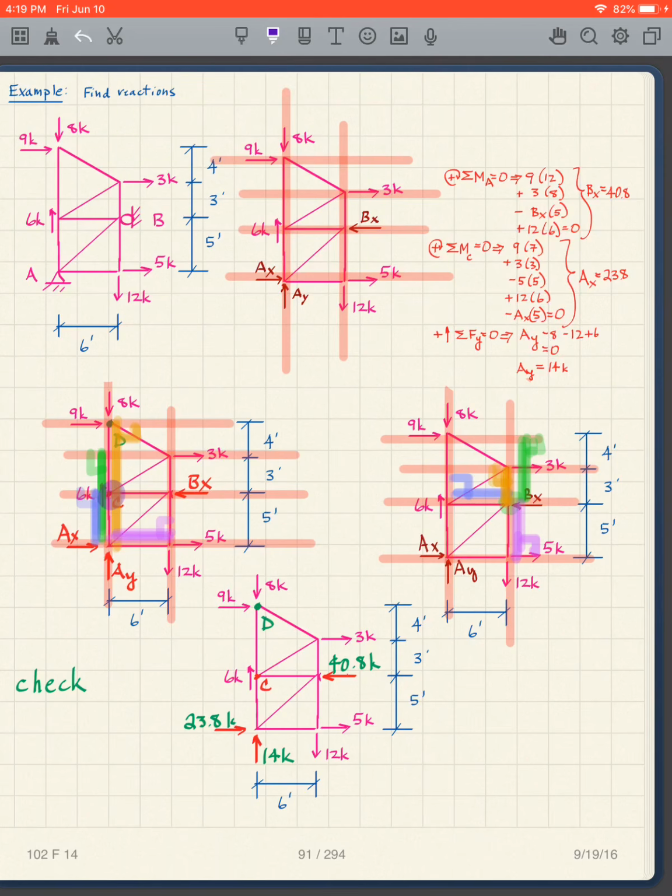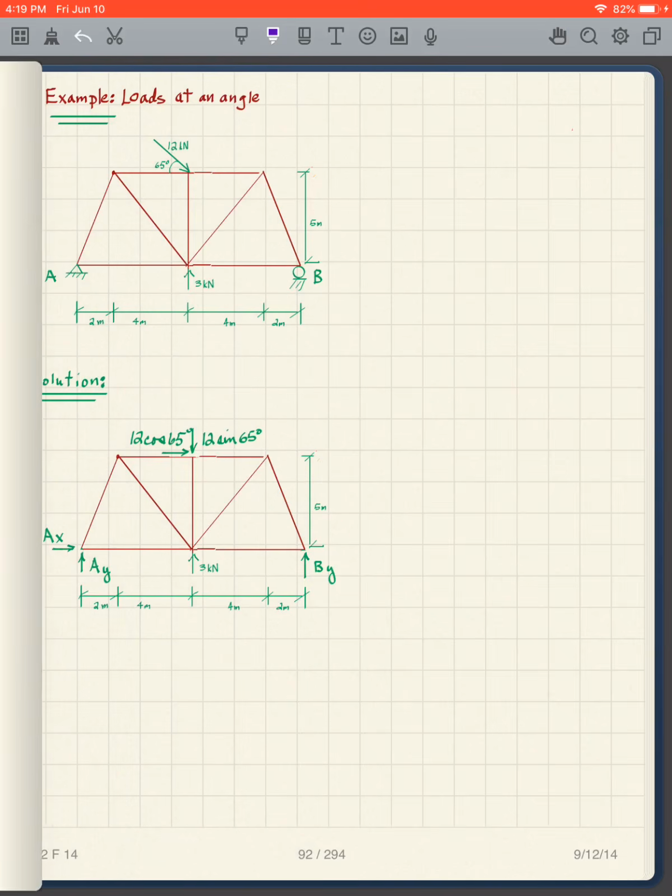Solve for AY, we get 14 kips. So what do we have? There are my unknown forces. This is my final free body diagram. All right, I'm going to stop there.